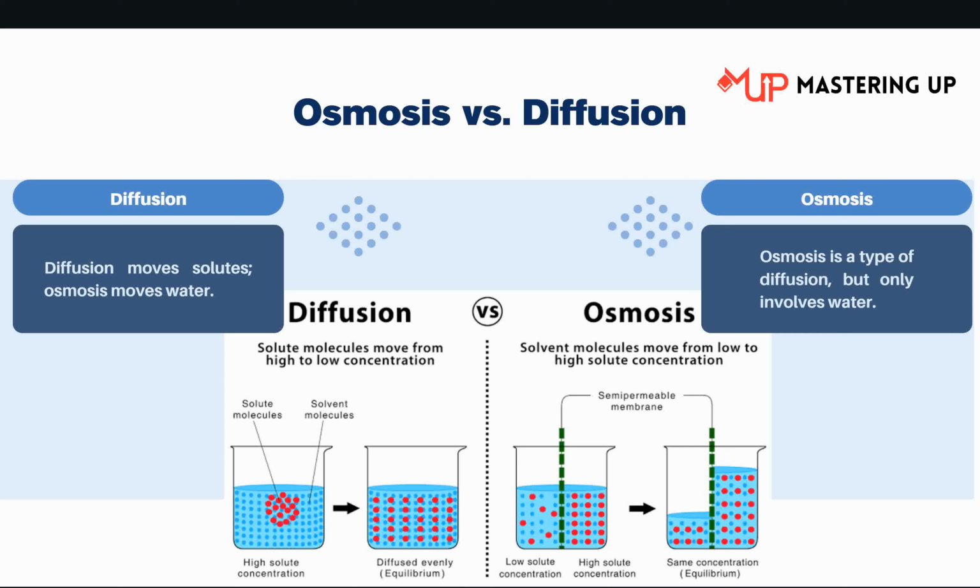While diffusion can involve gases or other small molecules, osmosis is the body's way of ensuring that water moves to where it's needed the most, that is, ensuring the proper balance of solute in the cell environment.